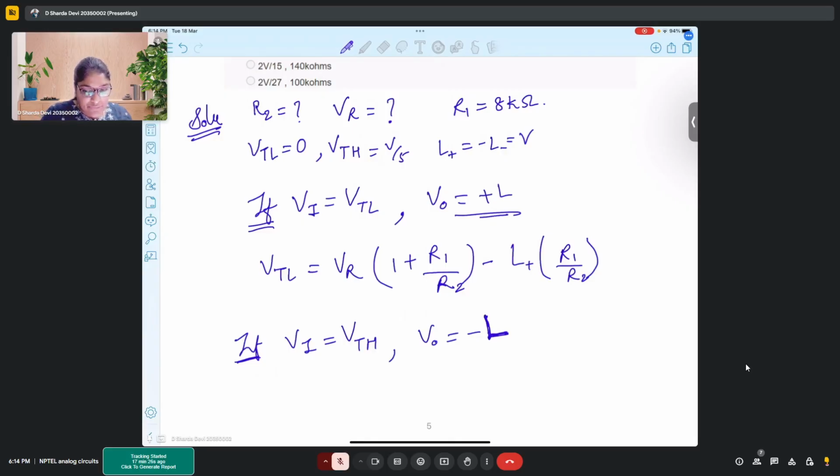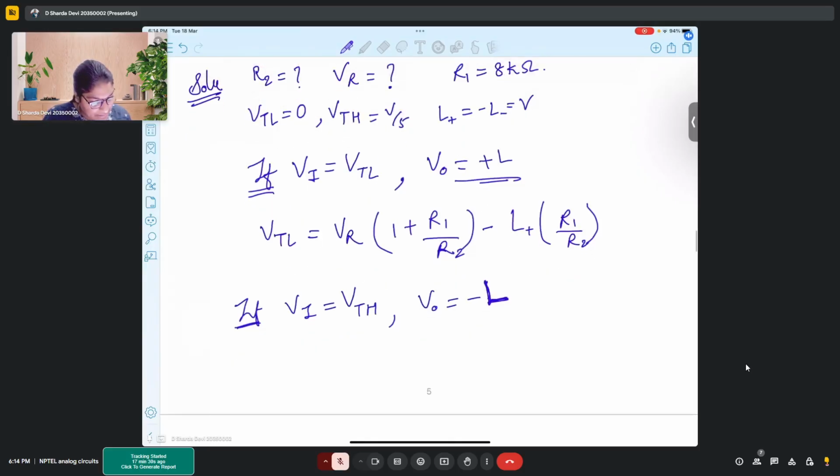So from there we get VTH as VR times (1 plus R1 by R2) minus L minus times R1 upon R2.